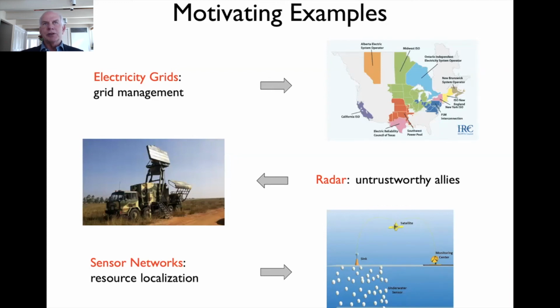But the measurements may be coming from private utilities who are competitors. On the one hand, if they share measurements, they get a better state estimate, and they make better decisions. On the other hand, they may give away some important proprietary information by doing that. So each one of them has a trade-off between privacy and utility.